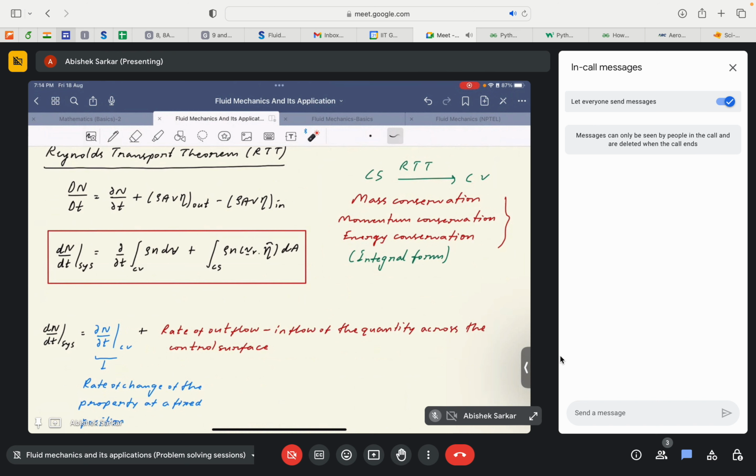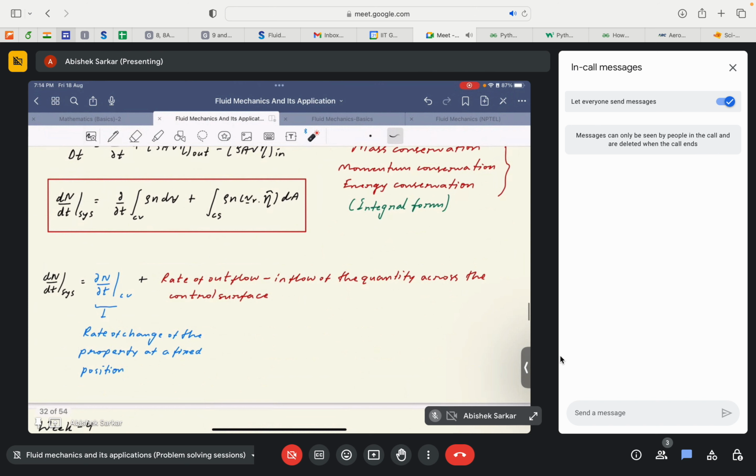But just to give an overview, if N is a fluid flow parameter, it can be velocity, pressure, mass, anything.